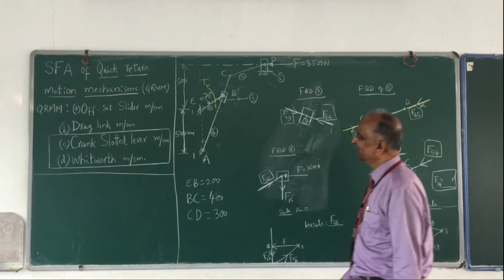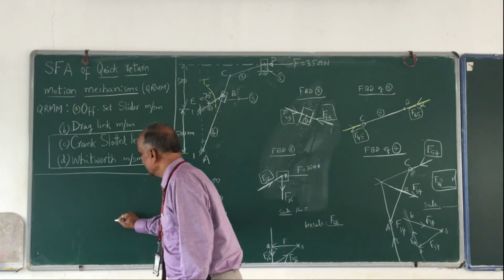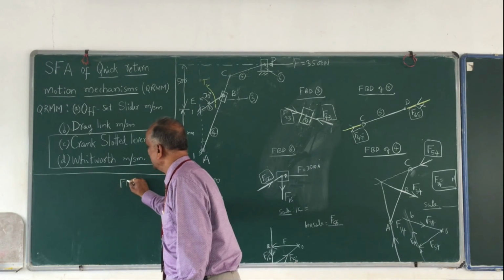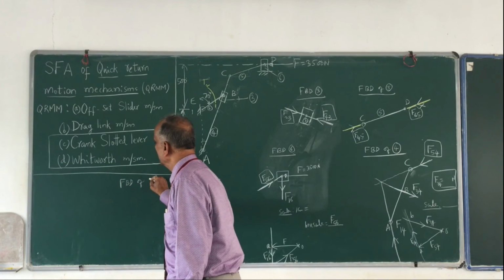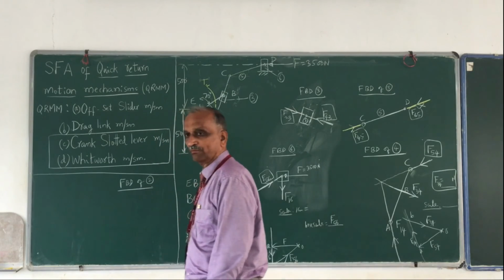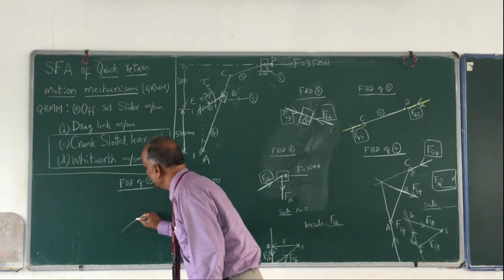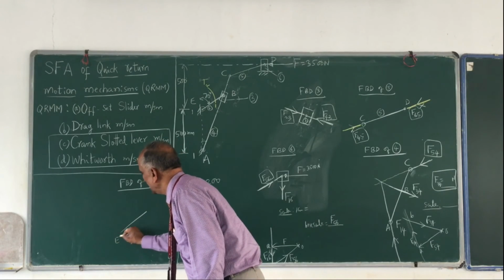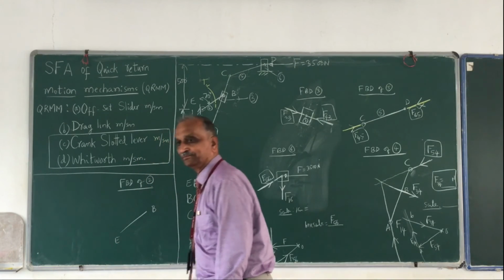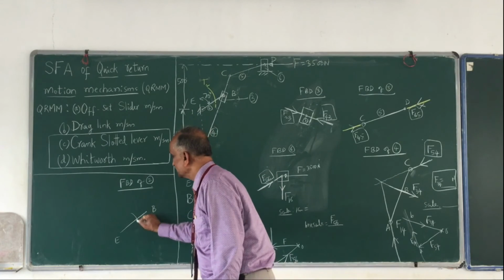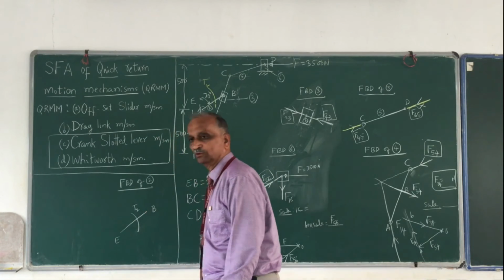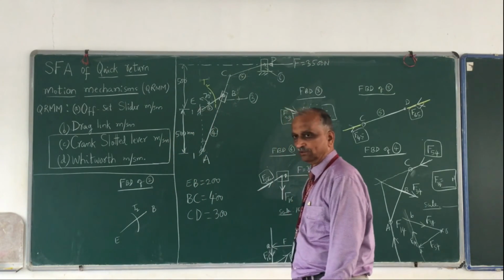Now, very simple. The last one, as usual: the free body diagram of link number 2. Link number 2 measures 70 degrees, etc. You draw that. This is your A, this is your B. It is subjected to a torque whose magnitude and direction are not known.